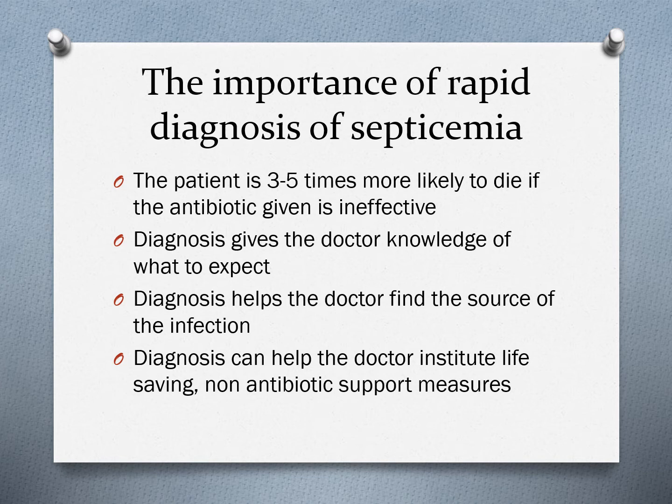Also, a proper diagnosis helps the doctor find the source of the infection. So in other words, did the septicemia originate from the urinary tract, or did it originate from a person's pneumonia? And finally, diagnosis can help the doctor institute life-saving non-antibiotic support measures, such as giving the patient fluids or blood pressure medications.